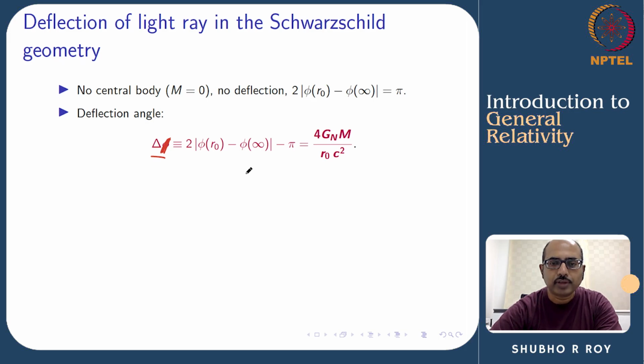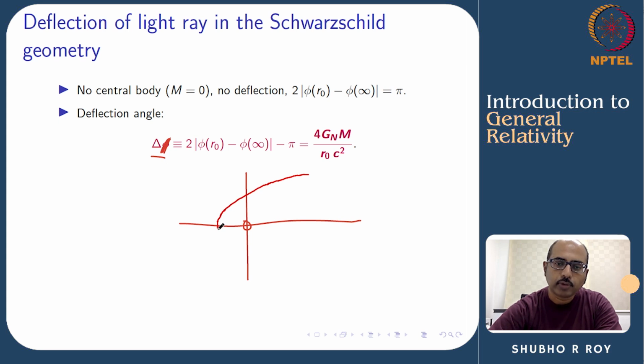The deflection angle is nothing but the angle between the directions. Let me draw the diagram once again. So we have a simple massive object, and then a light ray is coming, and it gets turned around, something like this. The deflection would be at infinity, that is, when we draw a tangent from infinity. If the light had not been deflected, it would have gone on this dotted line, but instead it gets pulled around.